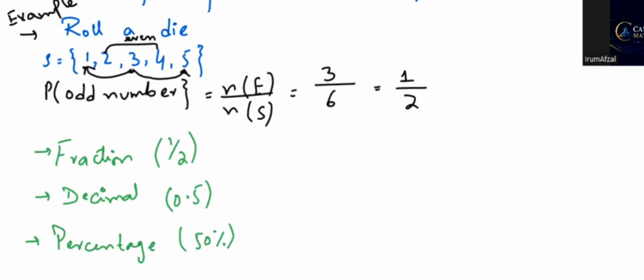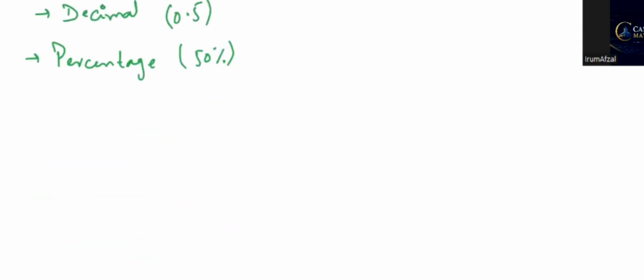Okay, now there are some terms that we use when we talk about probability. For example, the experiment. Most of the time we talk about the experiment.